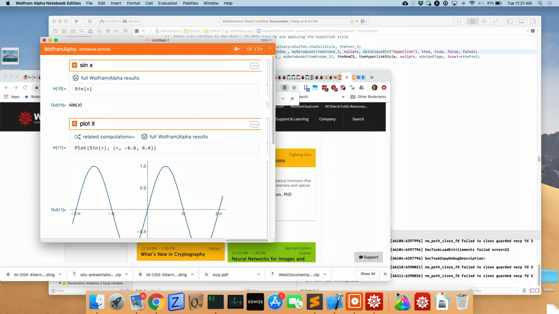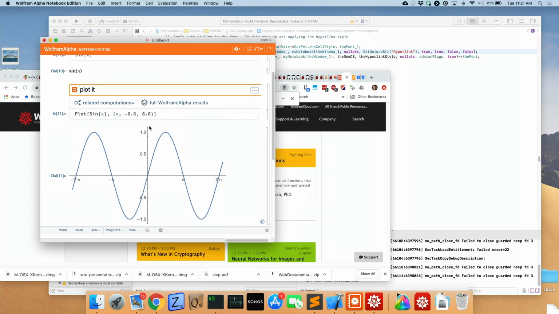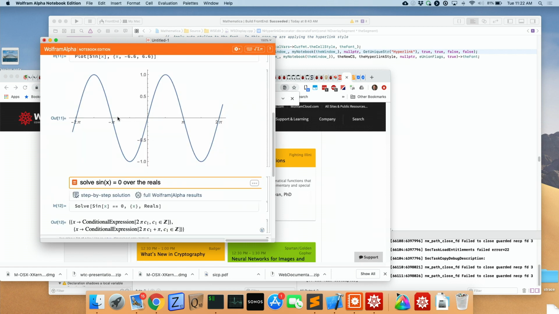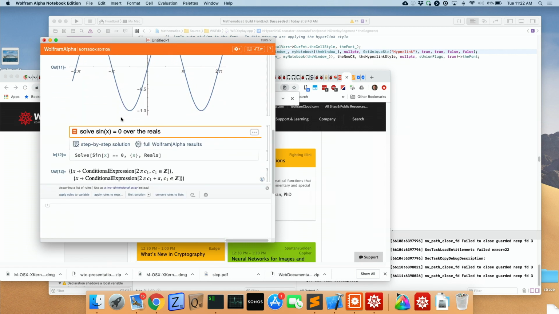It figures out what I want to plot because it was the previous thing that was there. It's also taking a look at inputs. We have the predictive interface for outputs, but it also adds a predictive interface for inputs, which is cool, because outputs can sometimes be reductive about your exploration. And so being able to examine the inputs, in this case it's figuring out how to solve for the zeros there.